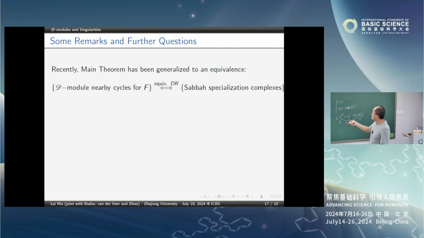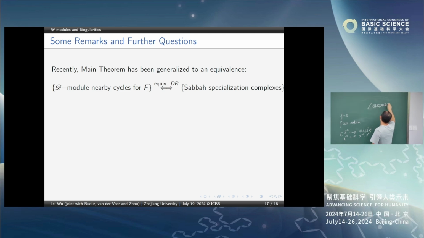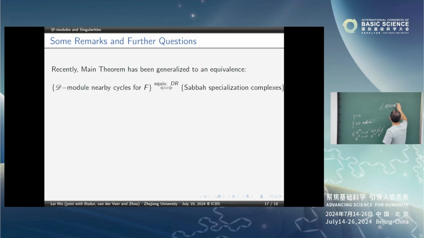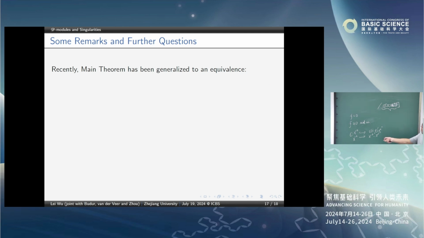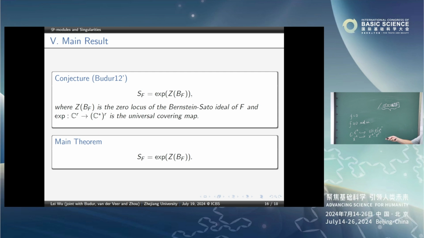And this sub-R specialization is a constructible sheaf over C star R. So if we take the spectrum of this, it gives the support of sub-R specialization. So this support is exactly SF. That's the other geometric interpretation of SF.